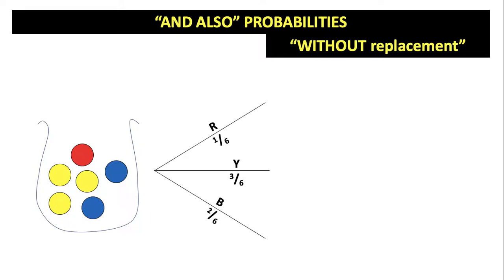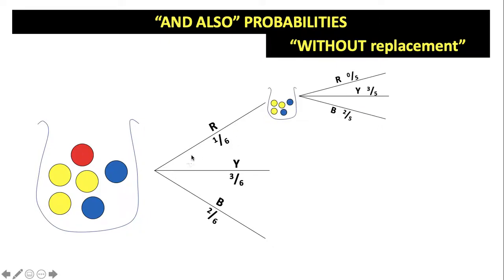So you've got the same 1/6, 3/6, 2/6 chance of red, yellow, or blue on the first pick. But on the second pick, if you picked red, it's not in the bag anymore. So you've got 0 out of only 5 left in the bag chance of red, 3 chances out of 5 to get a yellow, and 2 chances out of 5 to get a blue.